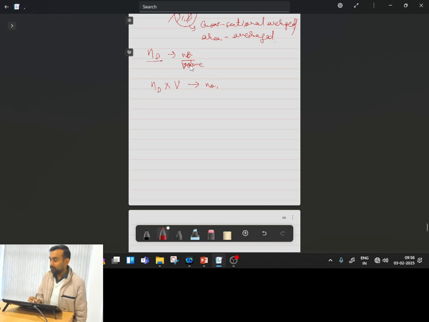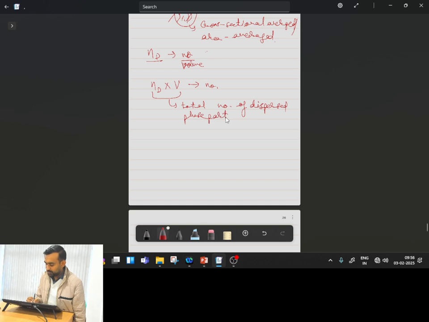Only a number. Volume has got cancelled. So this has become the total number of dispersed phase particles in the control volume.